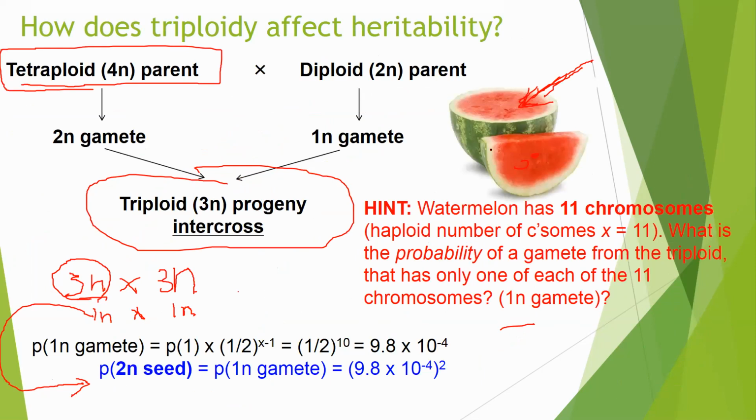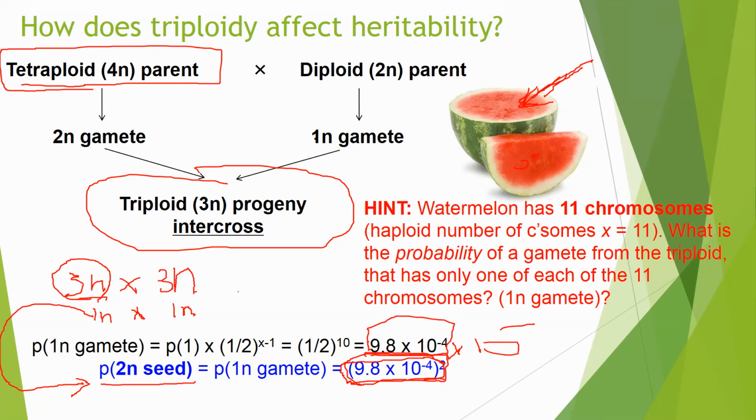If we want to produce a watermelon with seeds, then the probability should be this. This is for the 1N gamete for one parent, and we have to multiply this number by itself another time to get this probability. As you can see, the chance is tiny. It's very small.